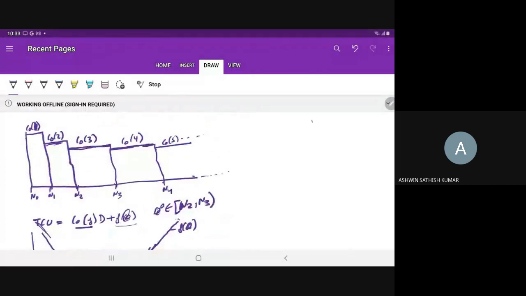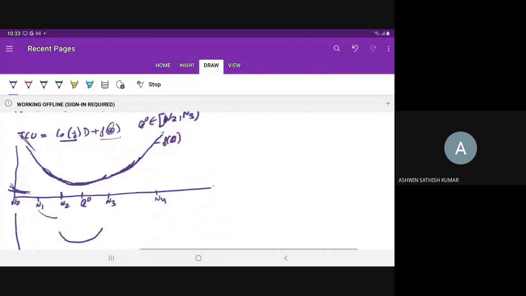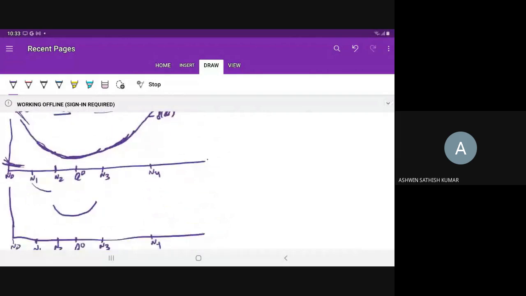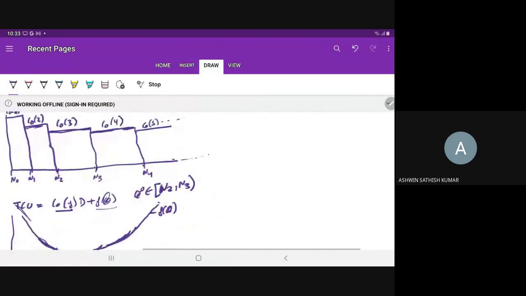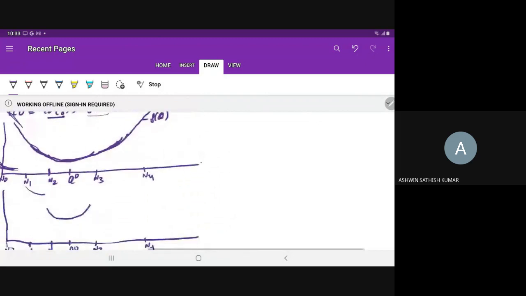So the graph will be increasing, because constant plus increasing is increasing. But can you tell me from where I should start?